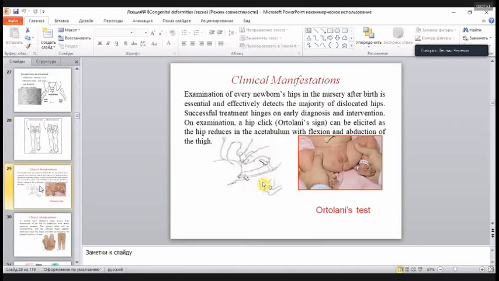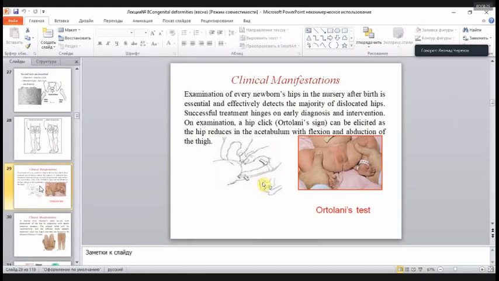Examination of every newborn's hips at birth is essential and effectively detects the majority of dislocated hips. Successful treatment hinges on early diagnosis and intervention.